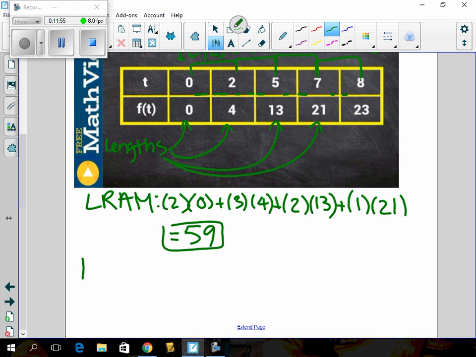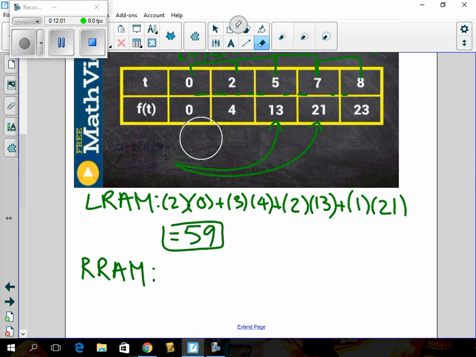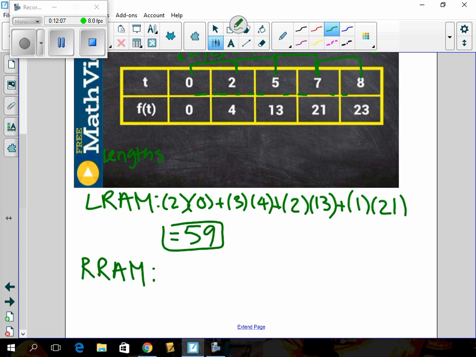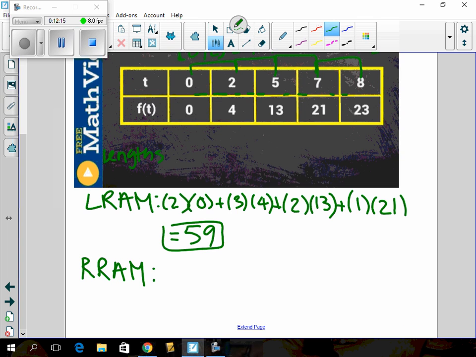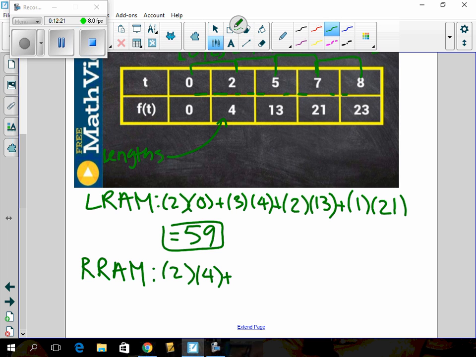So I did my LRAM, and now I want to look at my RRAM. So RRAM is kind of the same idea. We're using the same widths that we get from our intervals, but the lengths are going to be the right-hand side of that interval. So if I'm looking at the interval from, let's say, 0 to 2, my width is 2, and my length is going to be the right-hand side, 4.